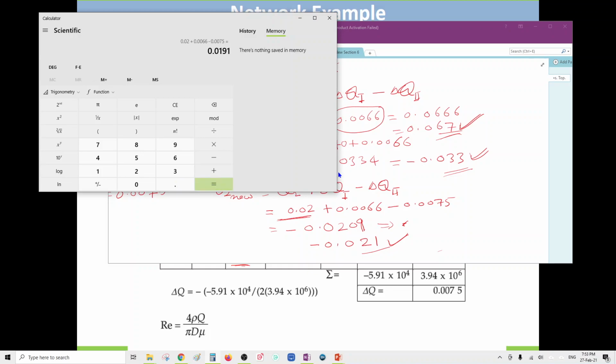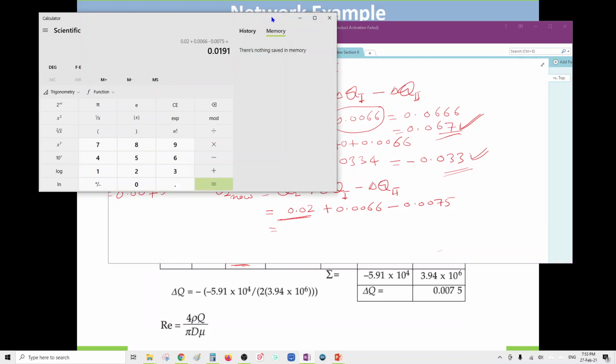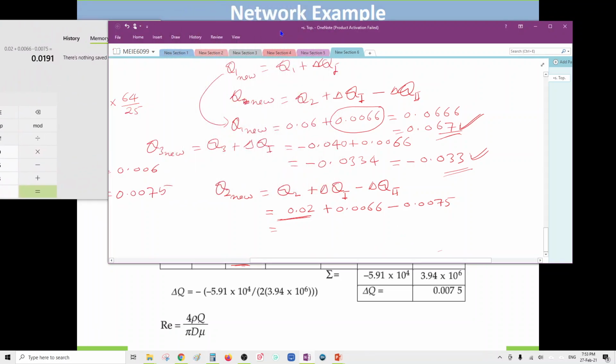So the result is 0.0191, and up to 3 decimal points accurate, this is 0.019. This is the value for Q2 new.